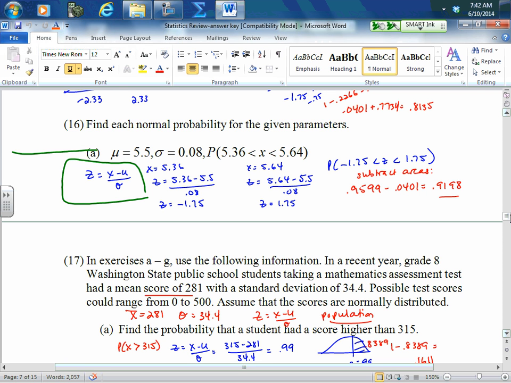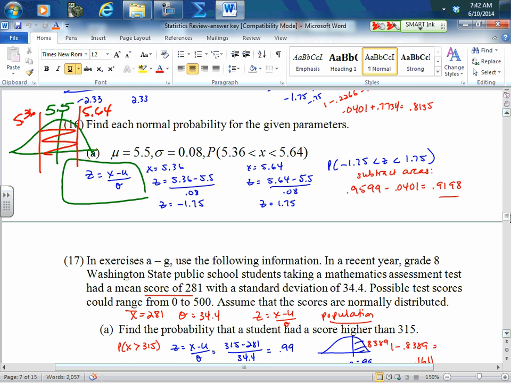If your mean, here's your sketch. Your mean is 5.5. Your numbers are 5.36 and 5.64. You want the area in the middle. So again, you have to find your z-score associated with each one of these x values.